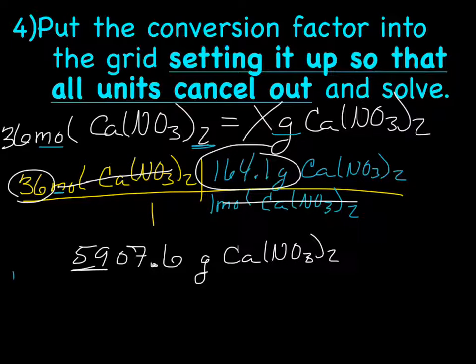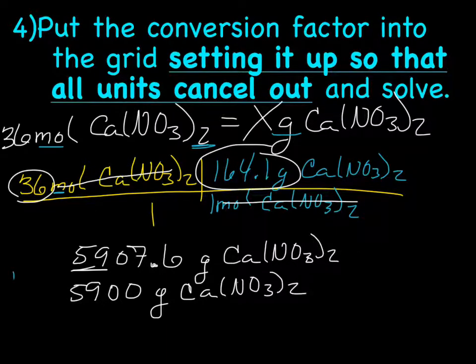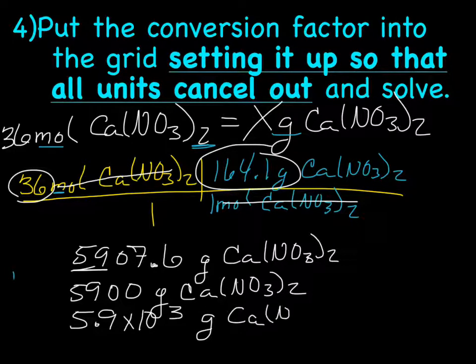So our answer can be 5900 grams CaNO3, and if you're more comfortable with scientific notation, we could have 5.9 times 10 to the 3rd grams CaNO3. That's really all there is to it.